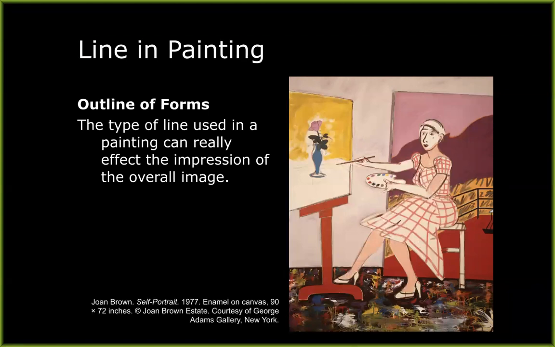So the type of line can affect the impression of the overall image. And in this one we have kind of thin lines that just help delineate the paintings and the edges, the silhouette of the artist.